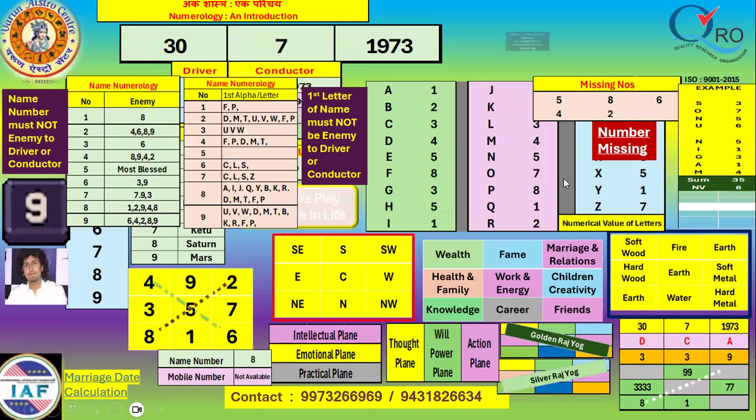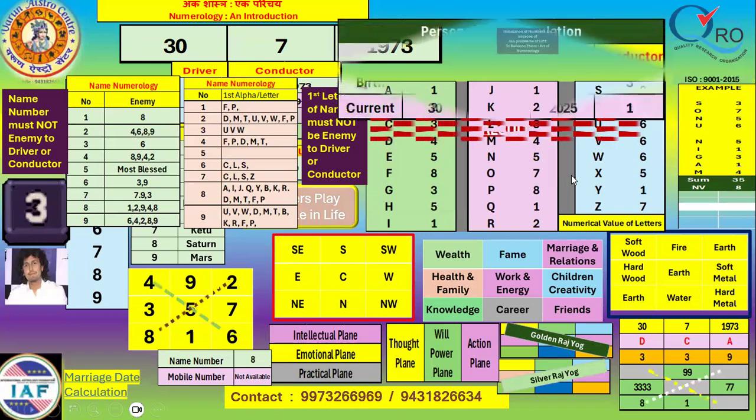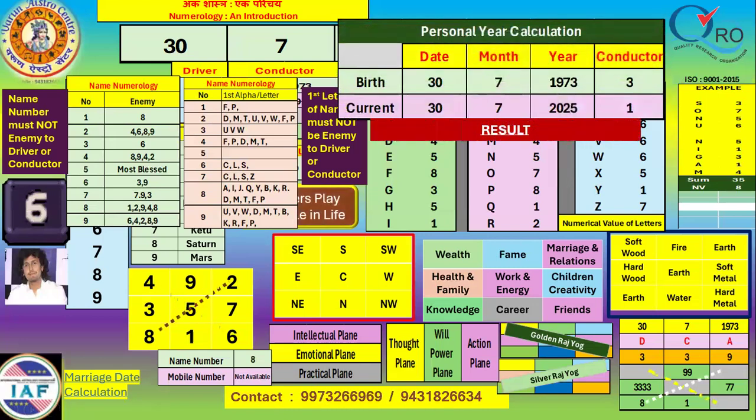So with this, now I will take you to the personal year. The native's personal year is 1, which is beneficial for the native because he is very much friendly to the number 1. In personal year 1, one feels physically and mentally healthier and moves on the path of progress.